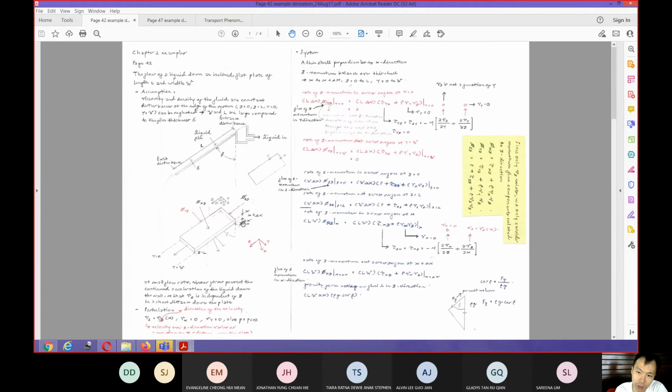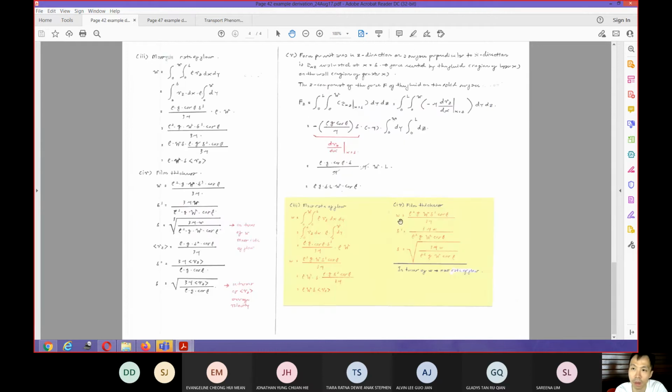You integrate with respect to z from 0 to L, and then y from 0 to W. So you are dealing with the y and z coordinates here. You integrate with respect to y and with respect to z, and you evaluate it at x equals delta, because that's the position where the force applies, at the interface between the liquid and the solid.